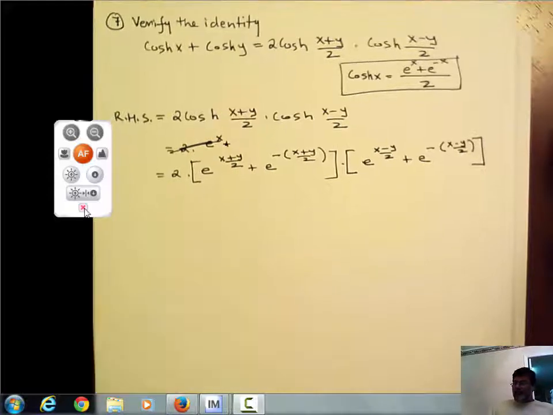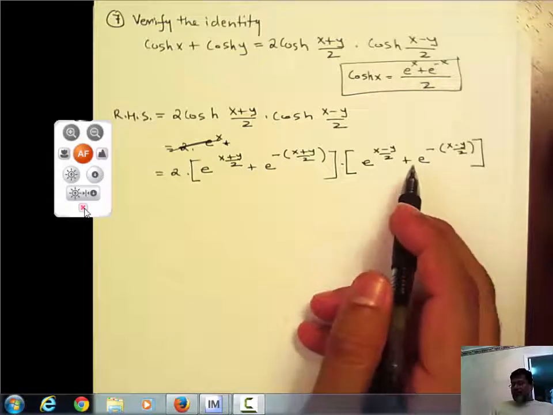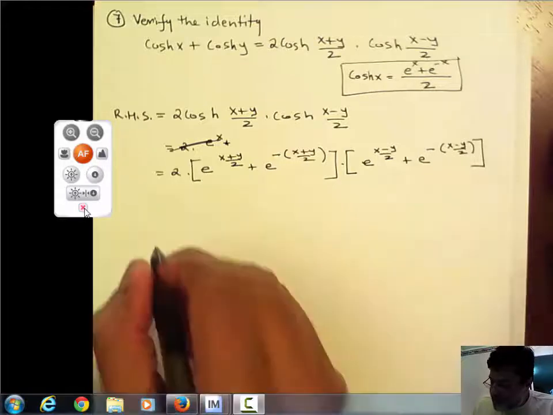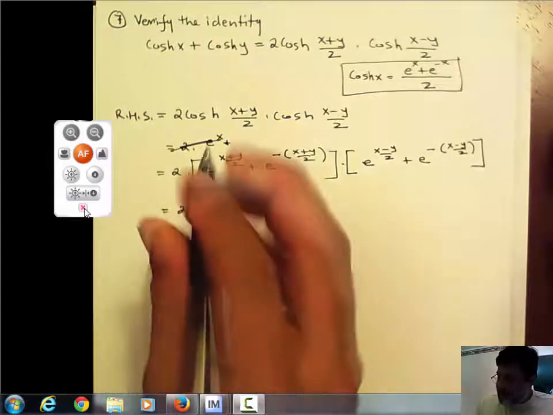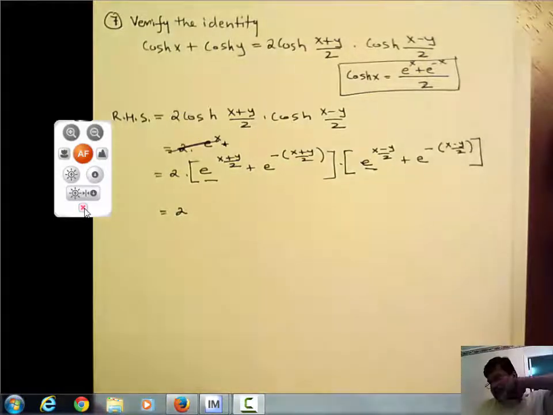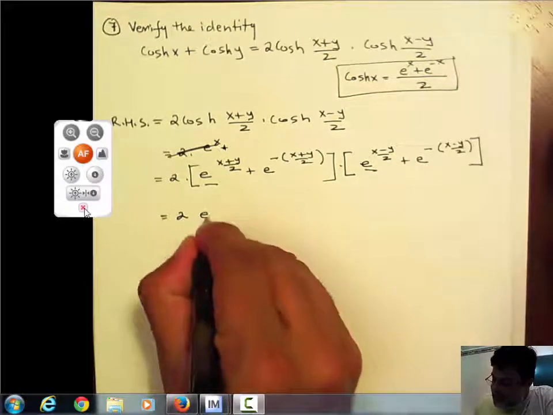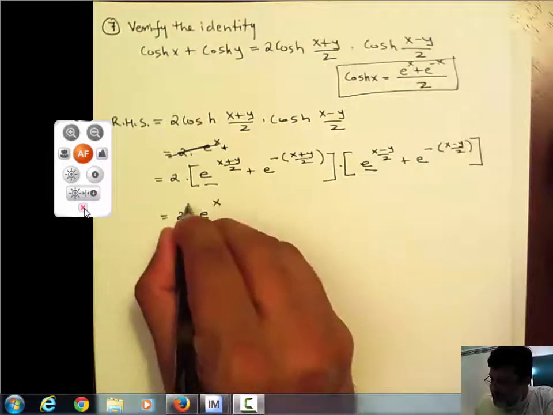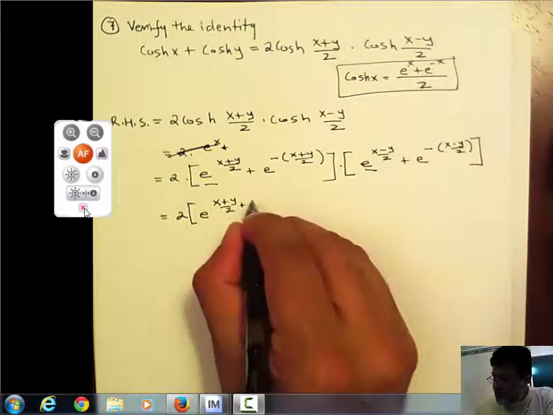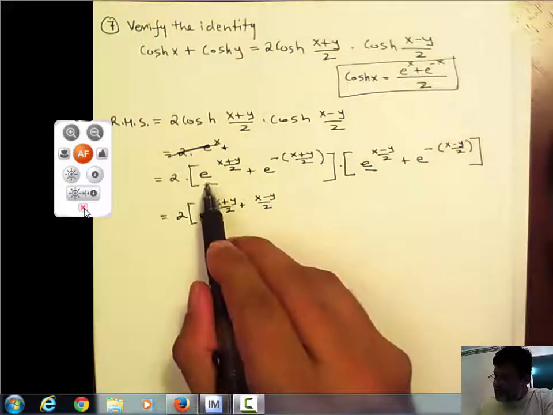Okay, so remember, first, outer, inner, and last. Okay? So I'm gonna multiply this and this first. If I multiply exponents with the same base, could I not add? Yeah, okay. So the first term will be x plus y over 2 plus x minus y over 2. Then this one times that one.